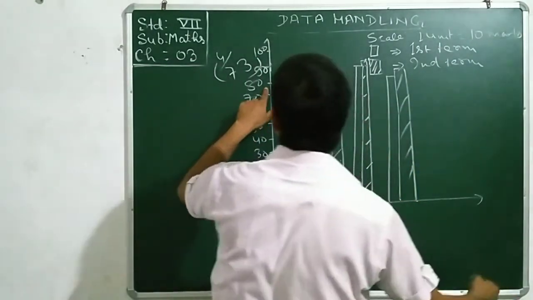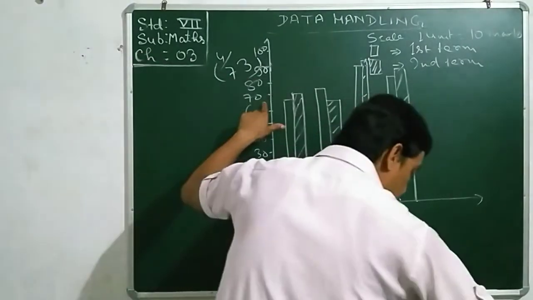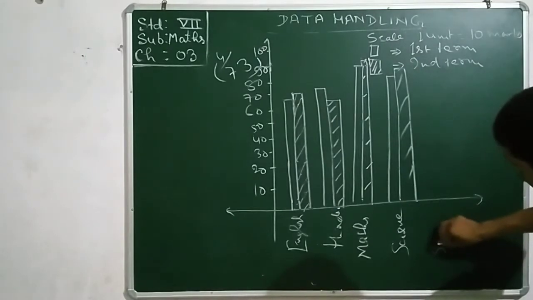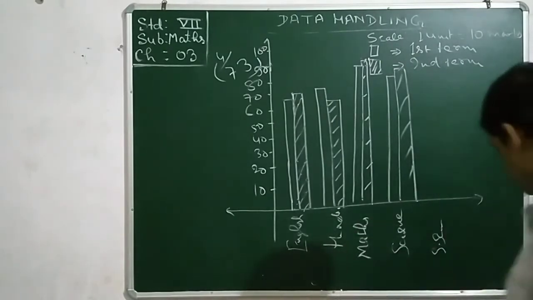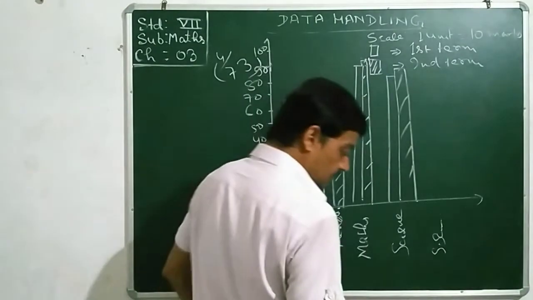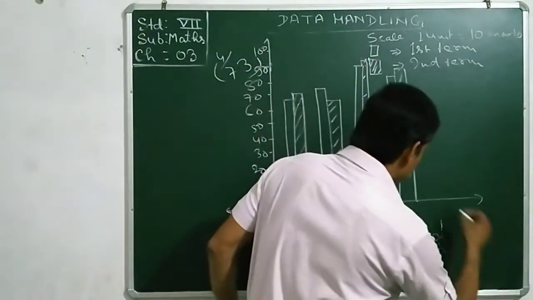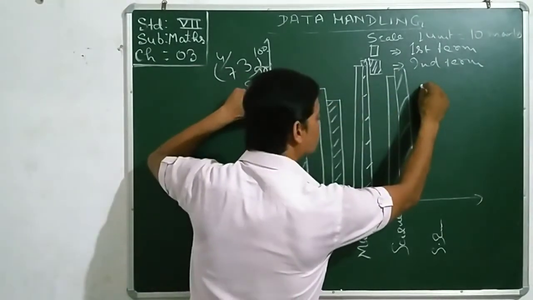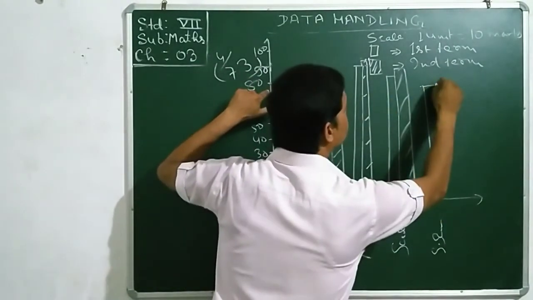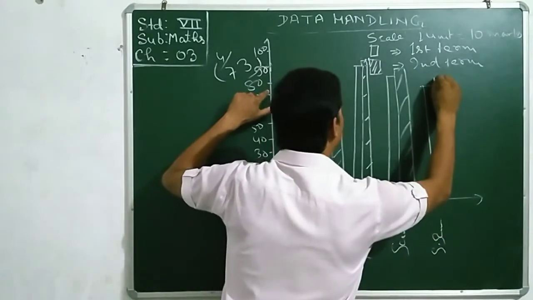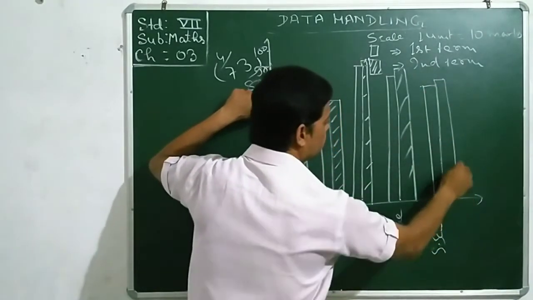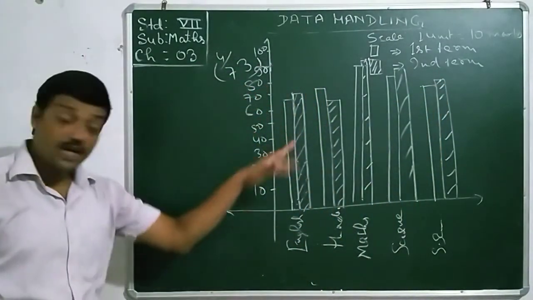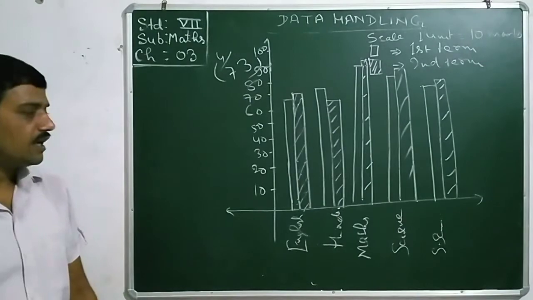The last one, 73 and 75, is for social science. This was for science, and for the social science 73 will rise up to this point, and 75 a little bit higher. In this way you can draw the bar graphs.